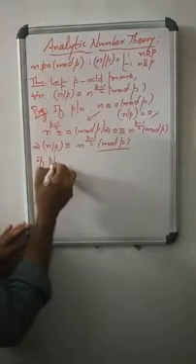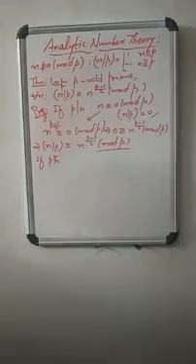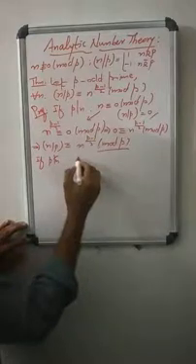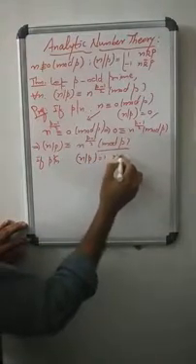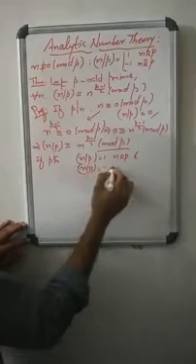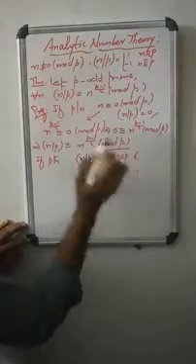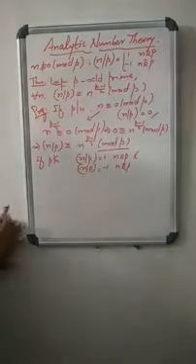If p does not divide n, what happens here? When p does not divide n, two cases arise: (n/p) equals 1 if n is a quadratic residue mod p, and (n/p) equals minus 1 if n is a quadratic non-residue mod p. Agreed? Now when (n/p) equals 1, how to prove this?